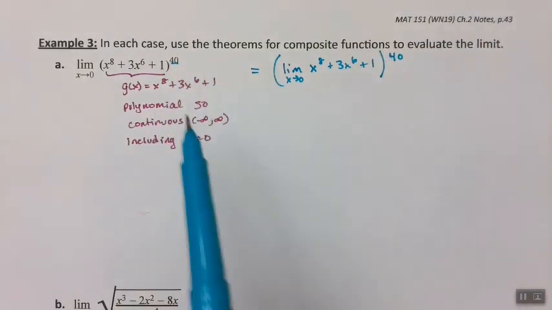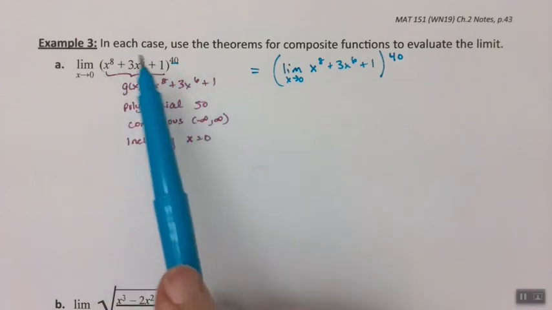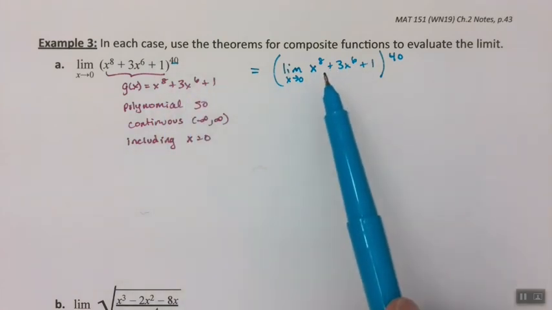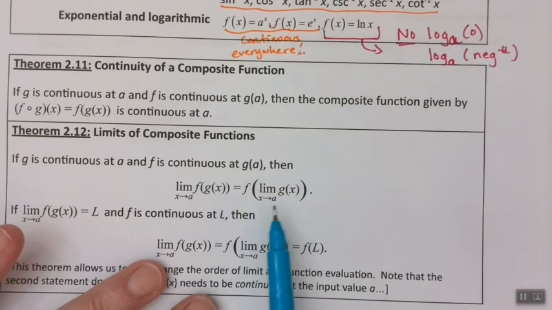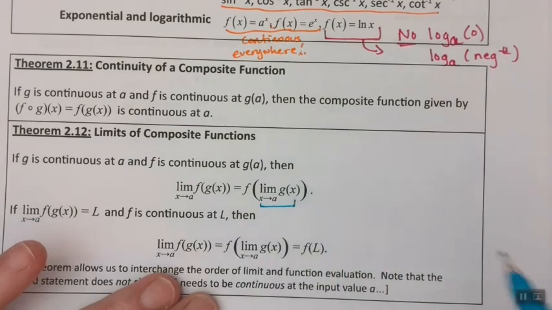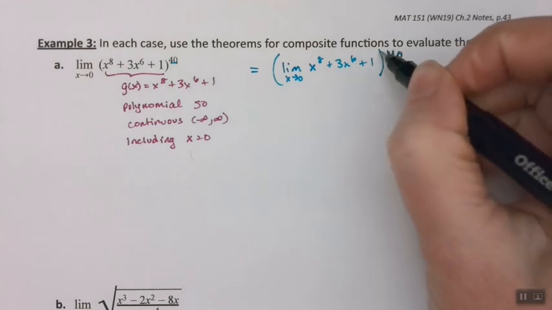So instead of taking the limit of the whole thing, I'm just going to take the limit of the inner part, get that number, right? So I'm taking f of the limit of g of x. Then I'm raising it to the 40th power. I could put 40 in a different color because that's the outer function.